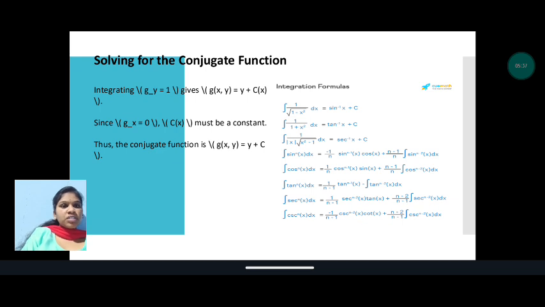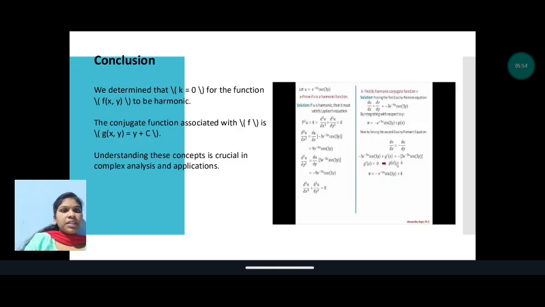Solving the conjugate function. Integrating gy = 1 gives g(x, y) = y + c(x). Since gx = 0, c(x) must be constant. Thus the conjugate function is g(x, y) = y + c.